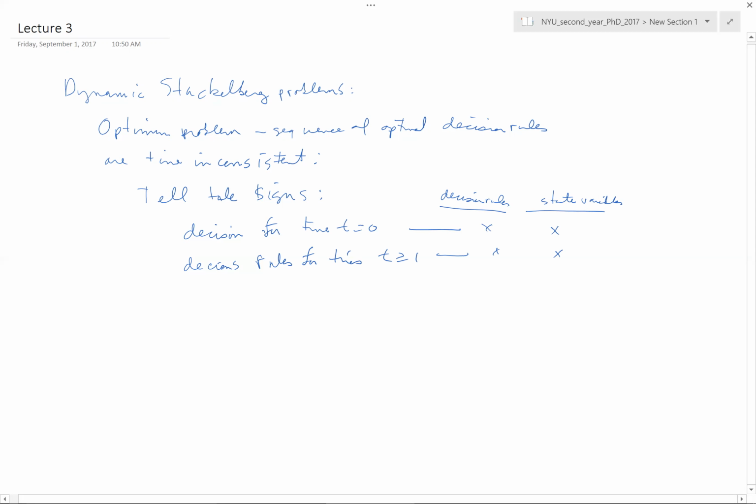And we're going to find out that another way to say this telltale sign is that a continuation of a Stackelberg plan is not a Stackelberg plan.